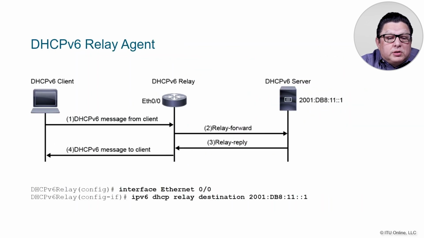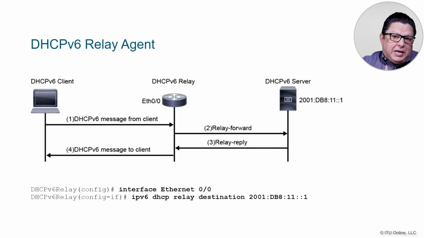DHCP also offers DHCP relay, and it is the same interface that is expecting the broadcast. In this case, it's not really a broadcast because IPv6 doesn't use broadcast anymore. But the DHCP message, when it is received by the Ethernet interface, then you will place the IPv6 DHCP relay destination command.